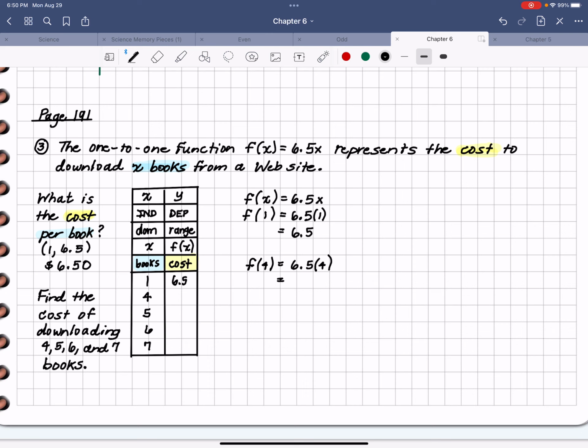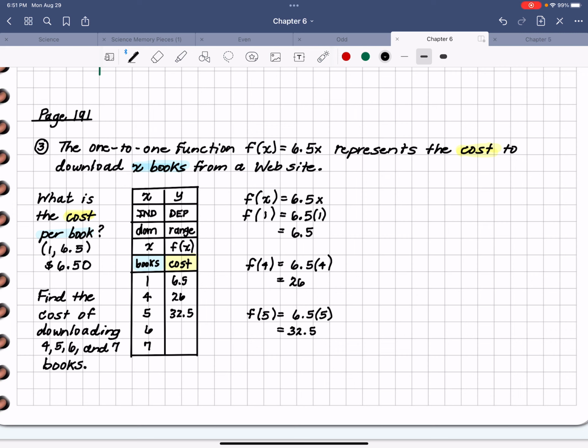So 6.5 times 4, use your calculator, that is 26 dollars. And then f of 5 is going to be 6.5 times 5. Use your calculator. Is $32.50.